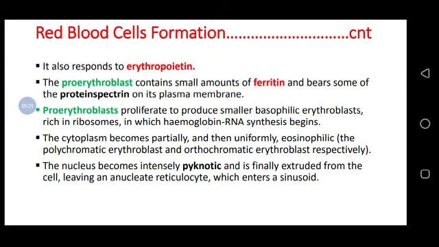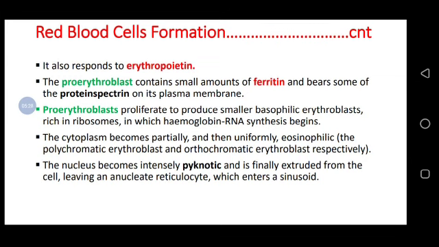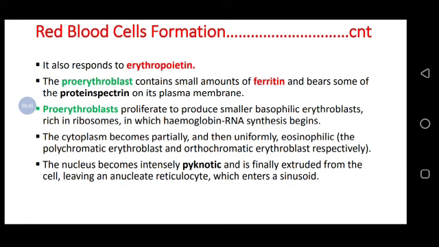We call it the polychromatic erythroblast, where there is the basophilic cytoplasm, which is partial, and also uniformly eosinophilic cytoplasm. Now we call it the orthochromatic erythroblast.